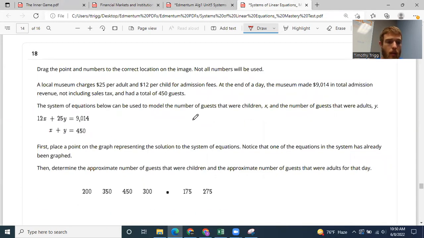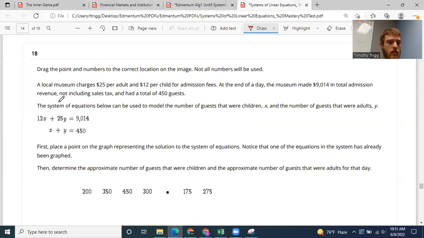Next one. A local museum charges $25 per adult, $12 per child for admission fees. At the end of the day, the museum made $9,014 in total admission revenue, not including sales tax, and had a total of 450 guests. The system of equations below can be used to model the number of guests that were children, x, and the number of adults, y.